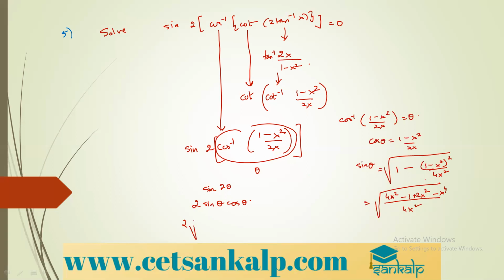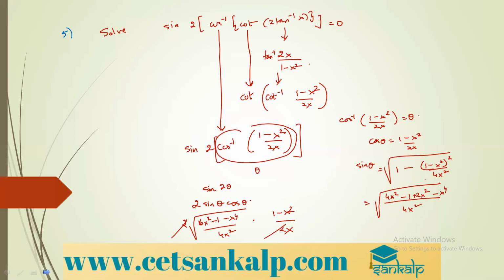In place of sine theta, I will write square root of 6x square minus 1 minus x power 4 by 4x square. And in terms of cos theta, I will write 1 minus x square by 2x. So 2 and 2 cancel.